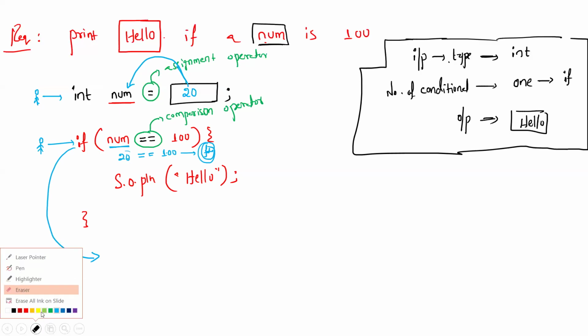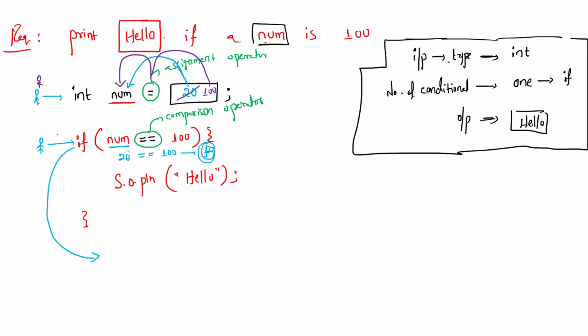So let me take one more scenario. This time the value is 100. The JVM assigns the value 100 to the variable num. Then the JVM comes to the second line, the condition check. This time num holds 100 and the other side of the double equals operator is also 100.